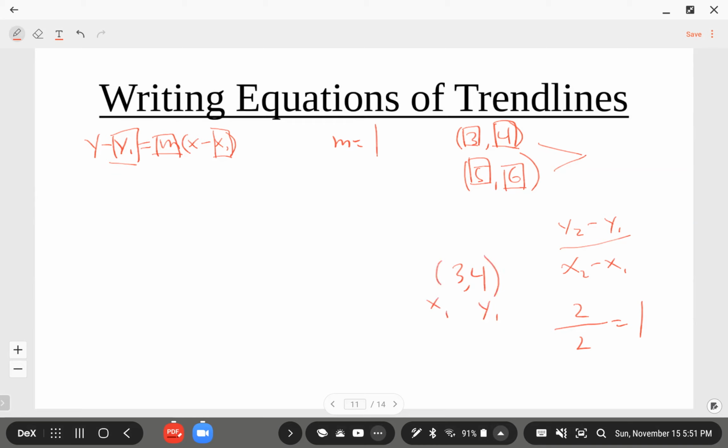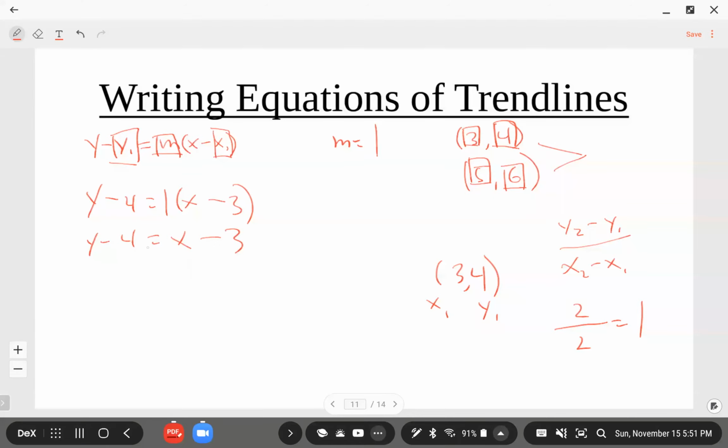So let's substitute it in. y minus 4, which is y1, equals m, which is 1, times x minus 3. Let's simplify this. y minus 4 equals x minus 3.